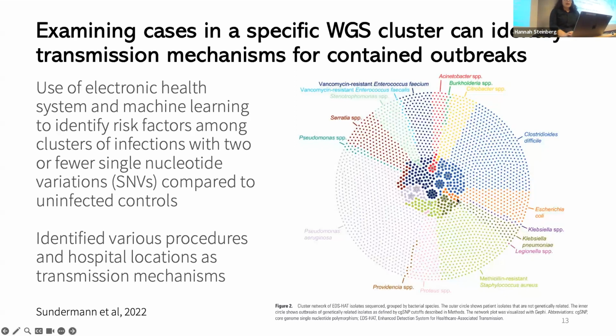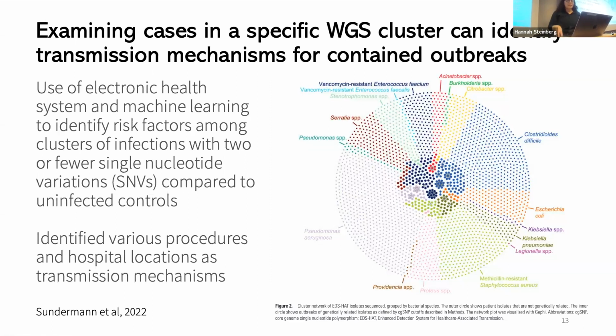And they defined them as having fewer than 2 single nucleotide variants separating each of the isolates. And a single nucleotide variant is just a single mutation that occurred at some point during the transmission cycle.